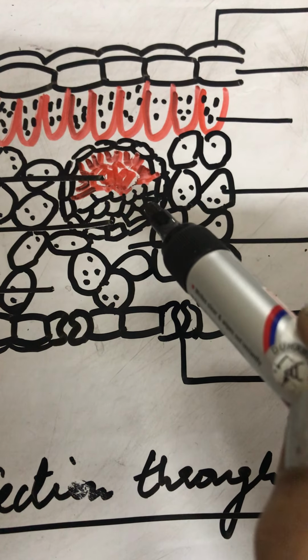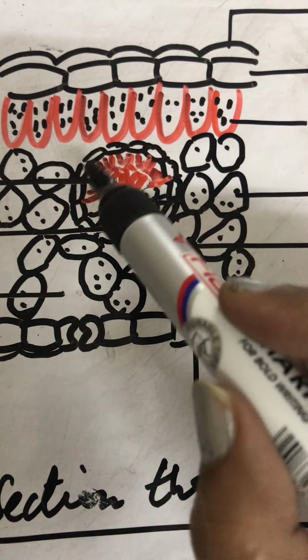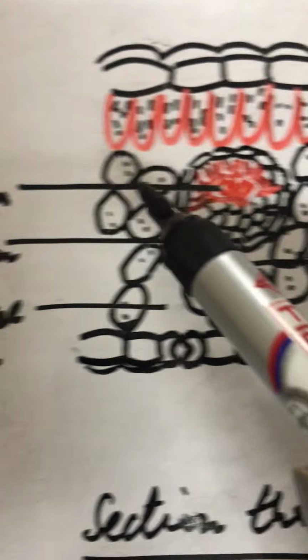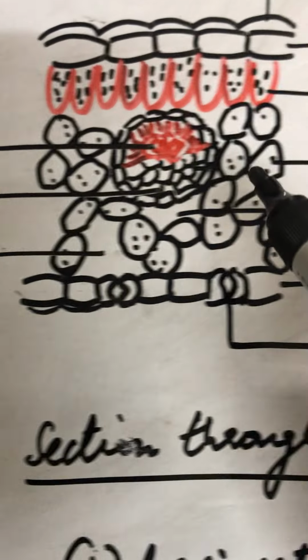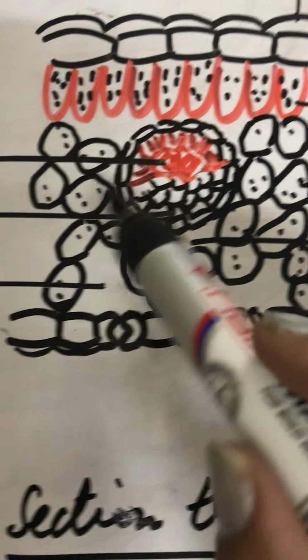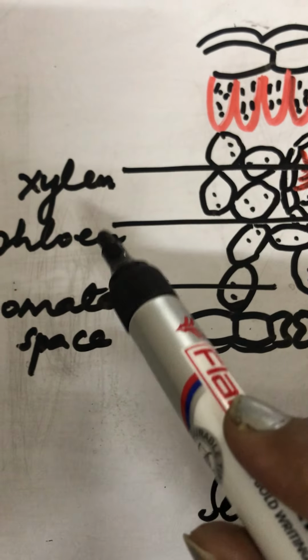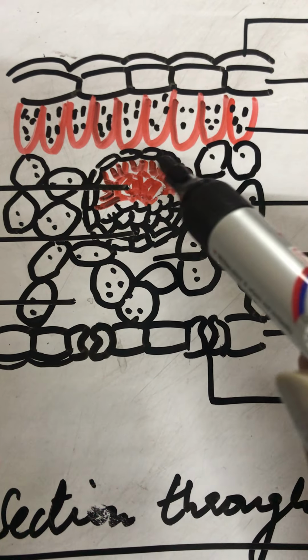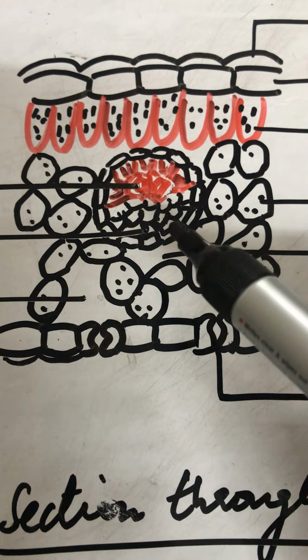A vein or the midrib is nothing but a vascular bundle surrounded by endodermis. On the upper side, these thick walled cells are the xylem vessels, and here laden with food, these are the phloem cells. So we have xylem and phloem together in a vascular bundle, and a vein is a vascular bundle.